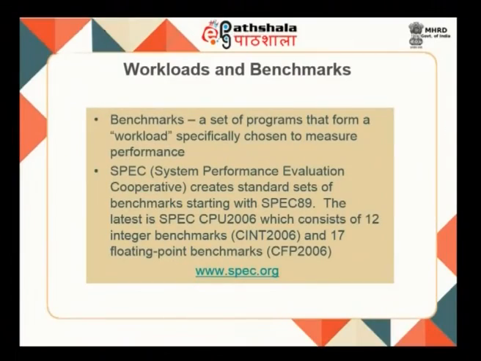So, having looked at Amdahl's law, we will have to look at different workloads and benchmarks. What is the need for these workloads and benchmarks?